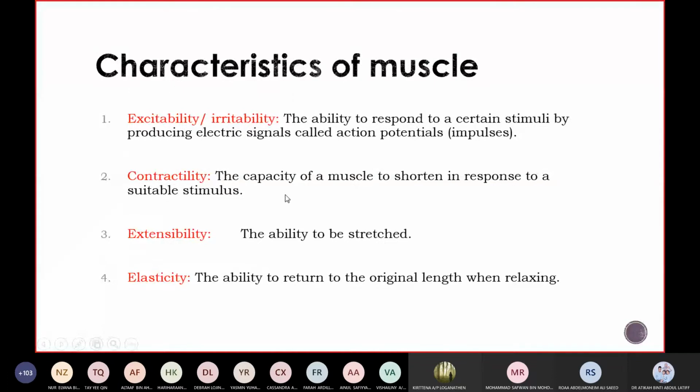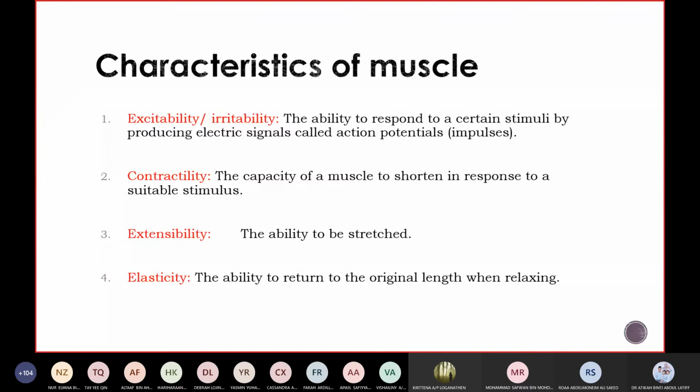So, characteristics of muscle. First, it has the ability to respond by producing action, responding to impulses created by action potentials in nerve fibers. This is called excitability.